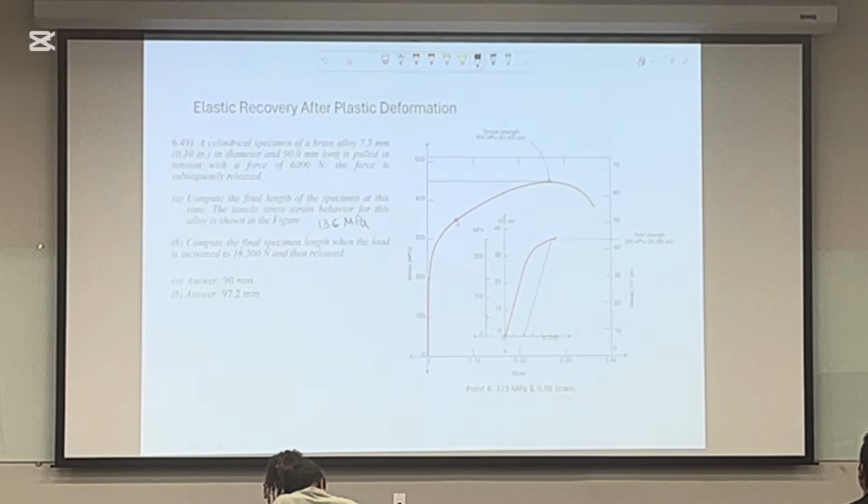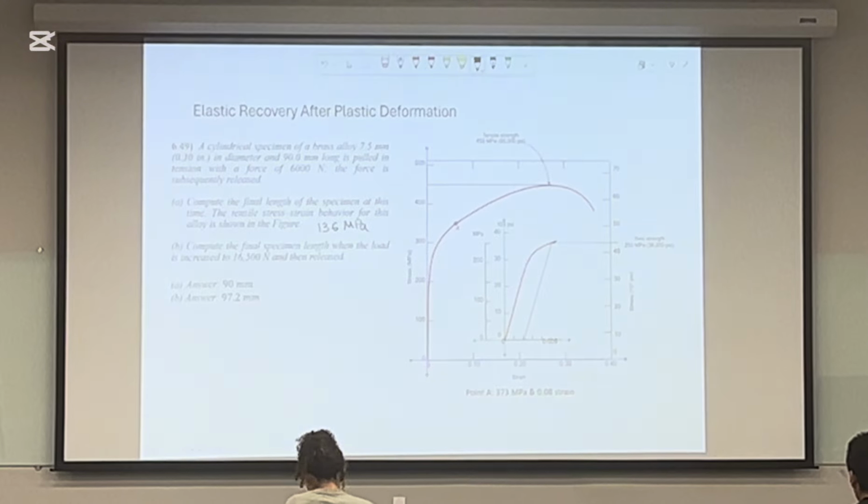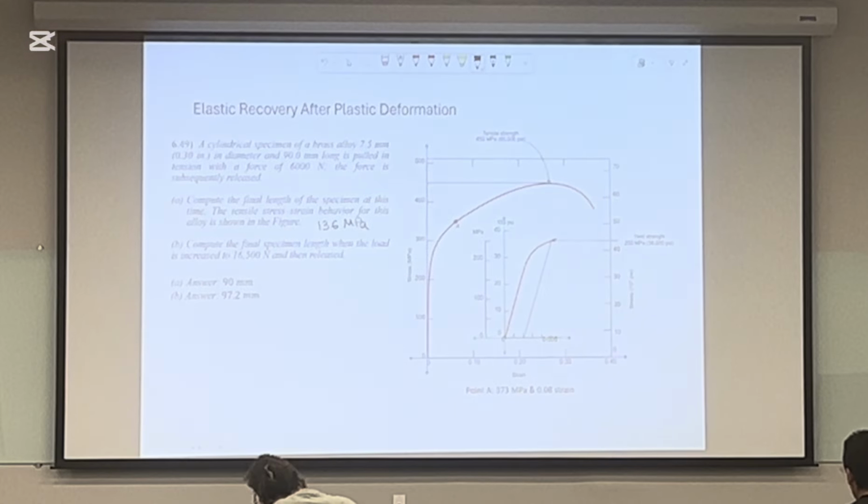For the second part, the change is different, so we have to calculate the stress again. For the second part, if we calculate the stress, we get 373 megapascal, right?